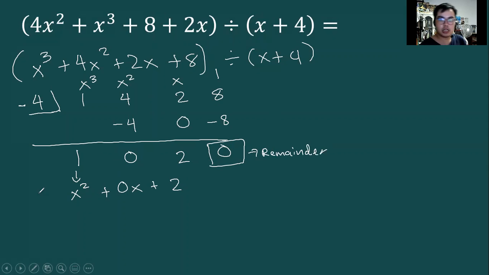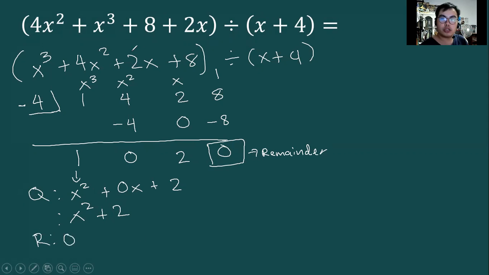So since our quotient is x squared plus 0x plus 2, all we have to do is simplify because 0x is 0 times x, so it will be 0. We do not need to write 0. So what will remain is x squared plus 2. So this is our quotient. Okay, then the remainder is 0.